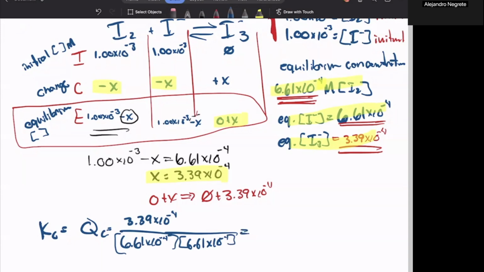So we put this in the calculator, and we see that our K sub C is equal to 776, right? Spontaneous reaction, absolutely. K sub C is greater than 1, and it's a lot greater than 1. So this is a really favorable reaction that we have here.